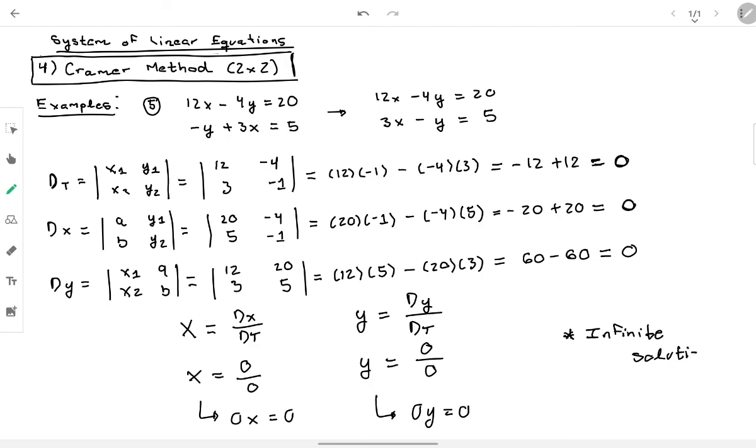So remember, don't get confused into thinking that whenever the whole determinant is 0, there will be no solutions. Of course, if the determinant of the whole system is 0, we have the possibility of having no solutions if the other ones are nonzero numbers. The other possibility, as in exercise 5, is that when everything is 0, we will have infinite solutions for that specific system.